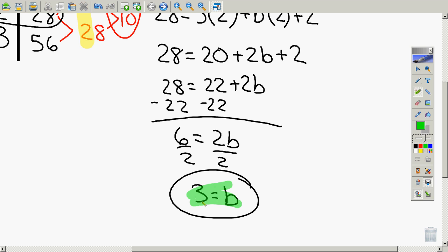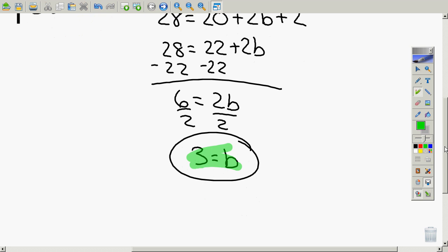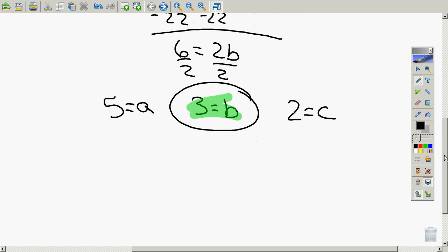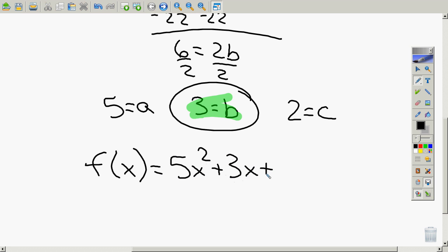So now we can write our function. Our function would be f of x equals 5x squared plus 3x plus 2. And that's the function that models that table.